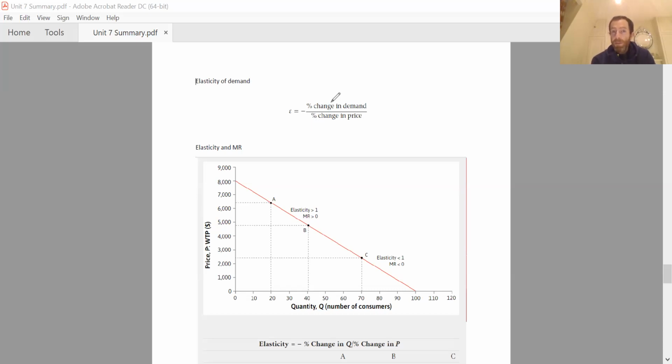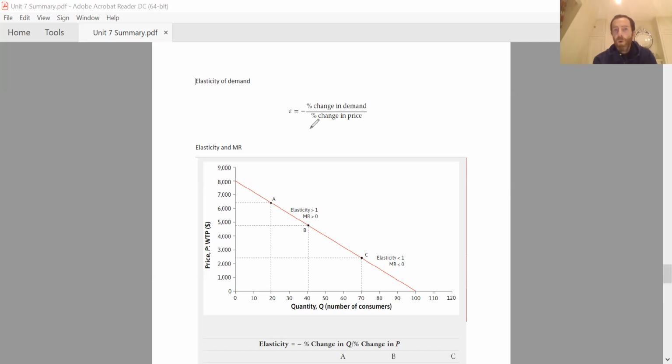What we mean by that is the percentage change in the quantity that's demanded divided by the percentage change in price. Where this can come in handy is if a firm decided to increase their price, then we looked at what happened to the quantity demanded. The elasticity would tell us this responsiveness of the demand to the change in price, right? That's the idea of this.